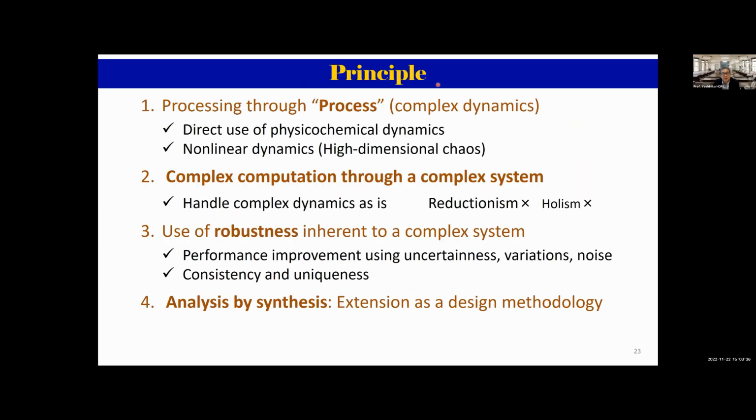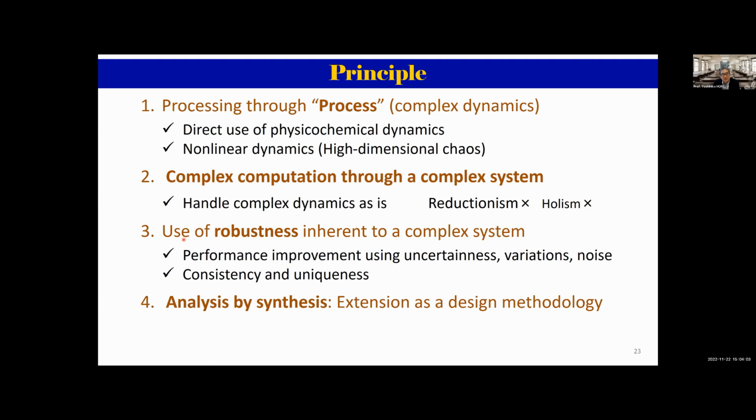For principle, of course, we use the word process. So processing through process is important. And complex computations with a complex system is the one principle. That means that we should handle complex dynamics as it is. So reductionism and holism both won't work.